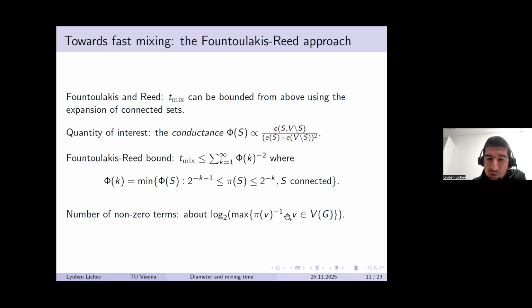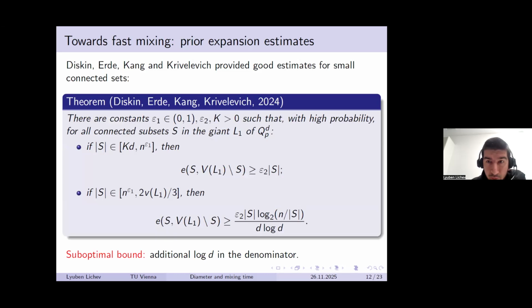So now our task is to actually bound from below the expansion of our set. If I fix a large connected set in my giant component in the percolated hypercube, what do I know about the number of edges going out of it? Well, we know some things.